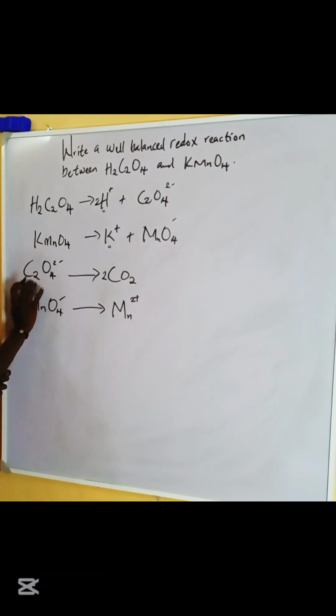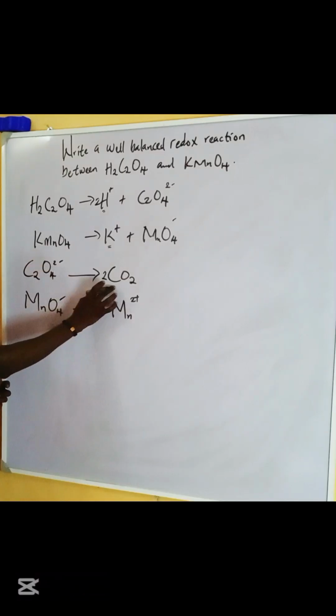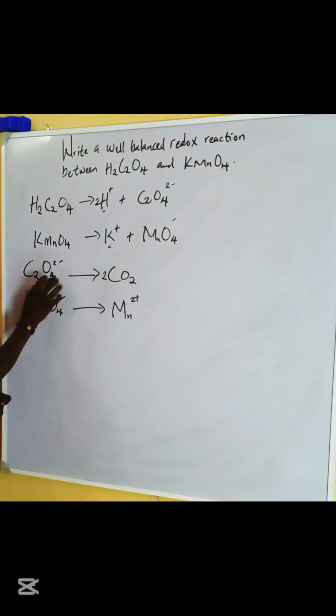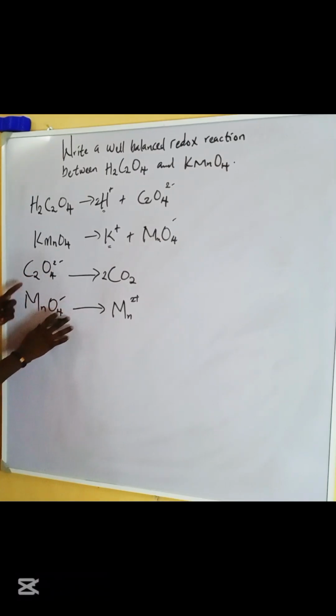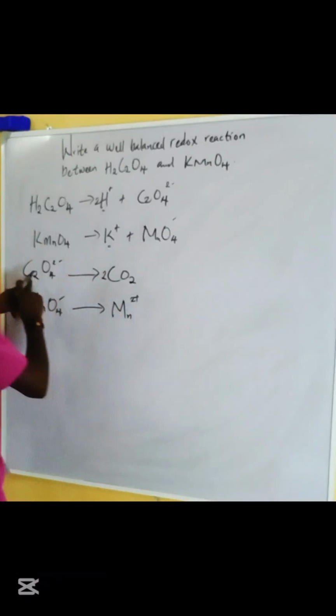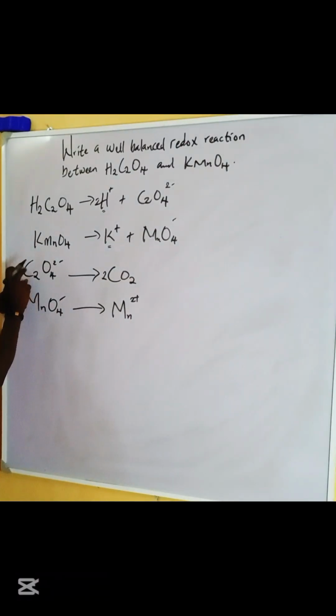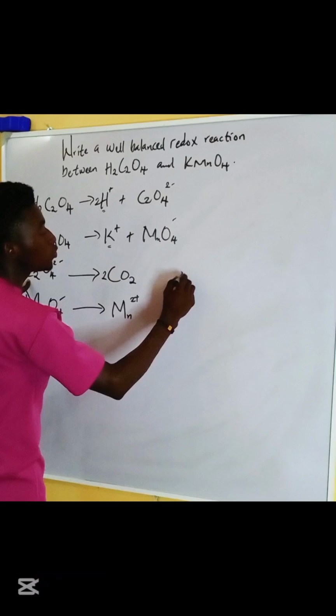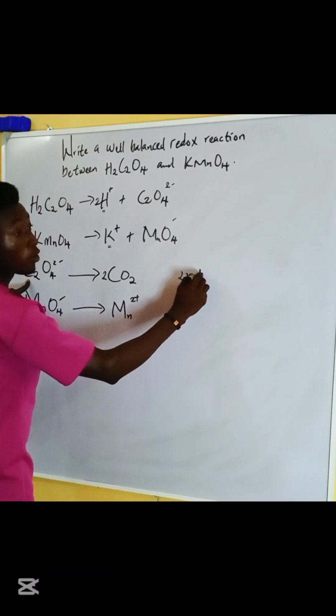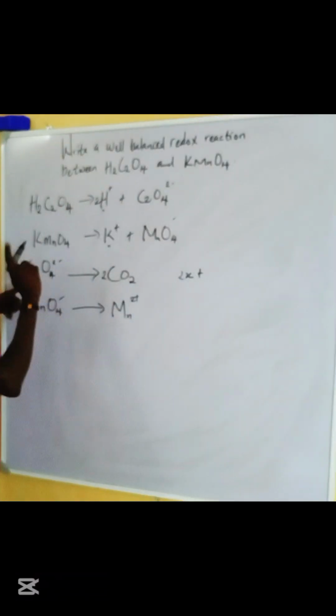Now, if you look at the oxidation number of carbon and oxygen here, and carbon and oxygen here, we'll be able to determine which one is our oxidation reaction and which is our reduction. Do you understand? So if we should look for the oxidation number of carbon, we'll represent this carbon as X. Remember, we have 2 atoms of carbon here, so we have 2X, plus oxygen, which is minus 2 generally.